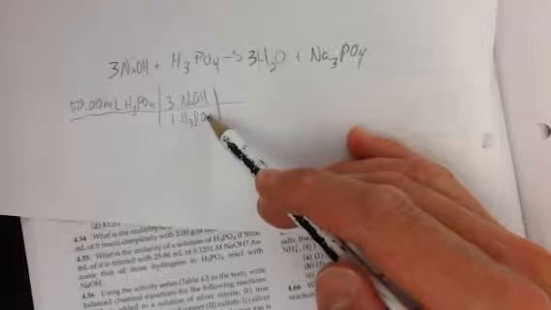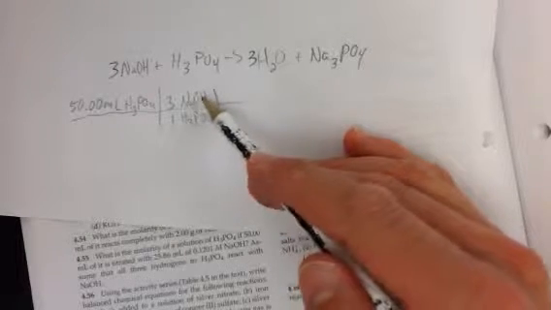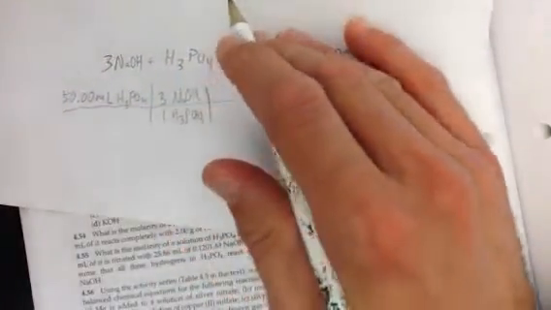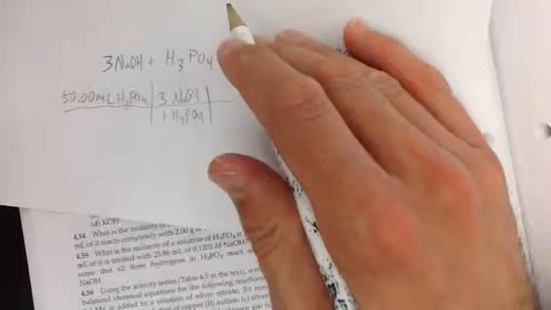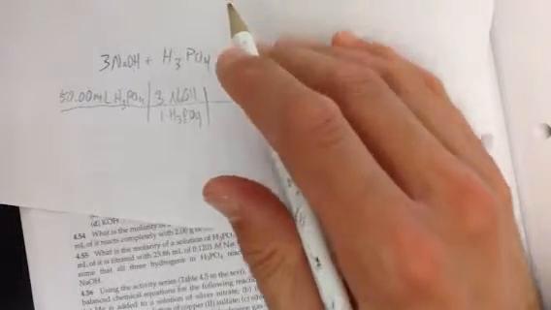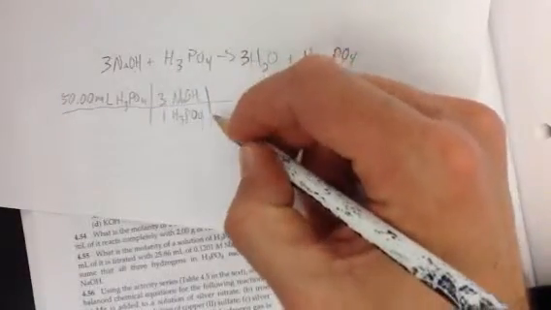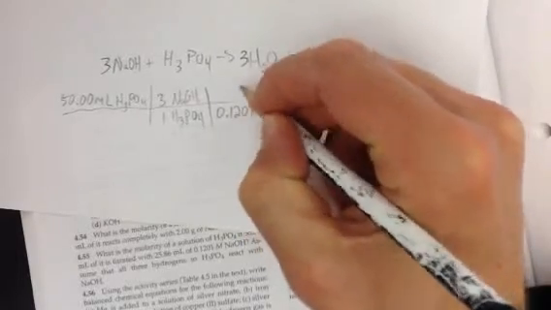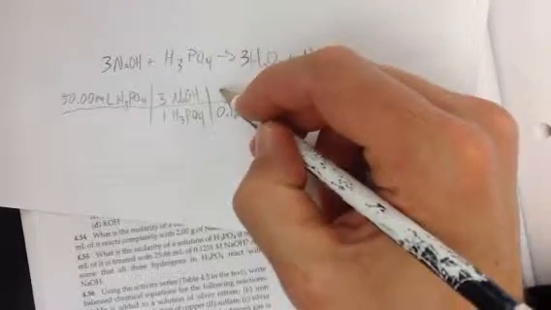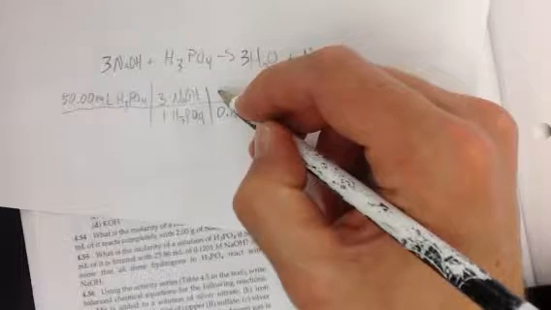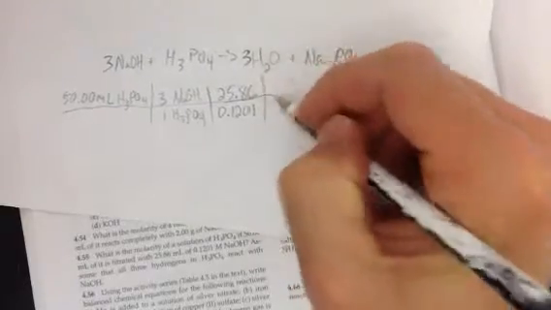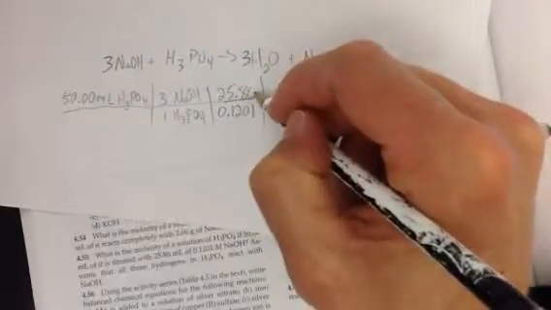Now we have it in moles of NaOH, and based on the molarity, we have 0.120 moles per 25.86 milliliters.